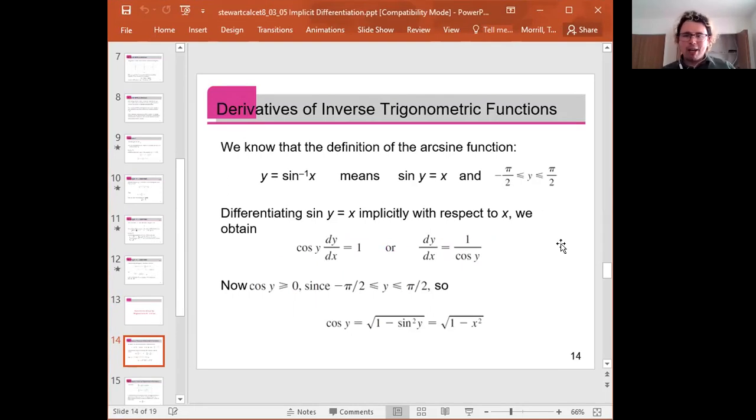Now, one thing to be mindful of is that all of those functions I've mentioned fail the horizontal line test.